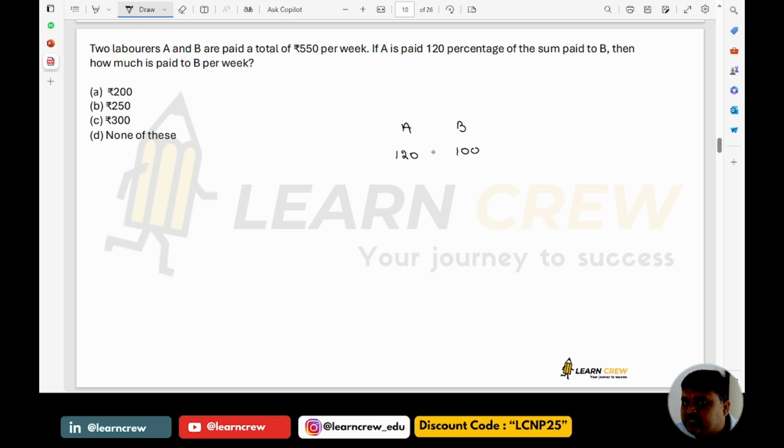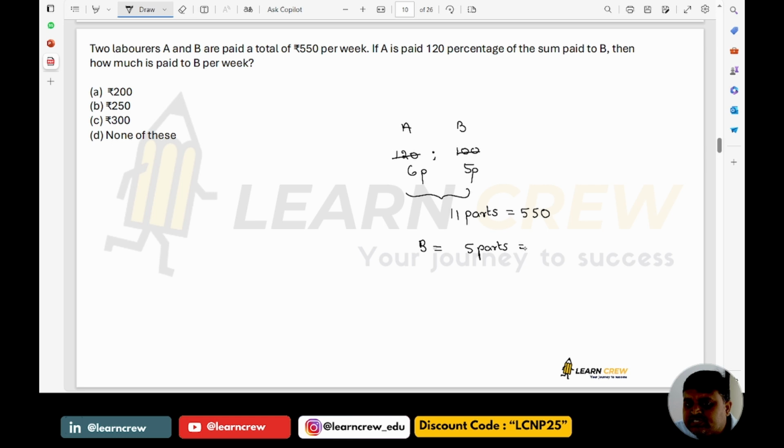So here the ratio of the amounts received is 6 to 5. If A is receiving 6 parts, B is receiving 5 parts. So A and B together receive 11 parts. That 11 parts total is given as 550. Then how much is paid to B? B is paid 5 parts.